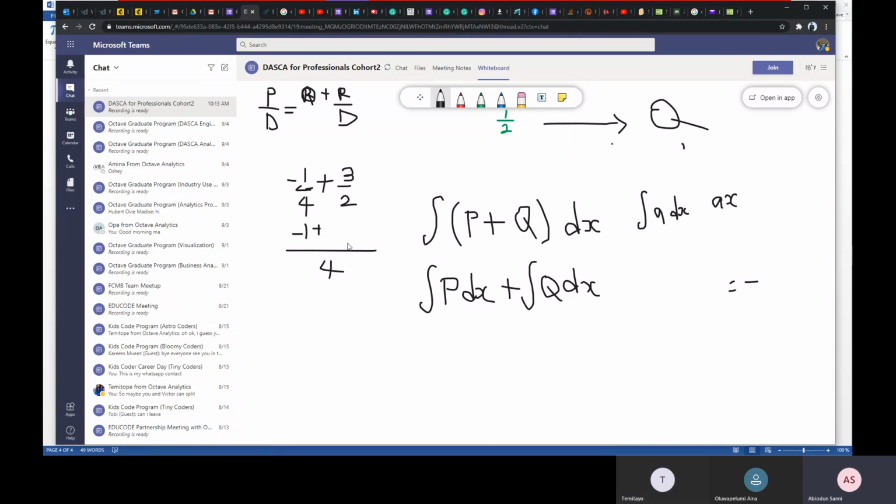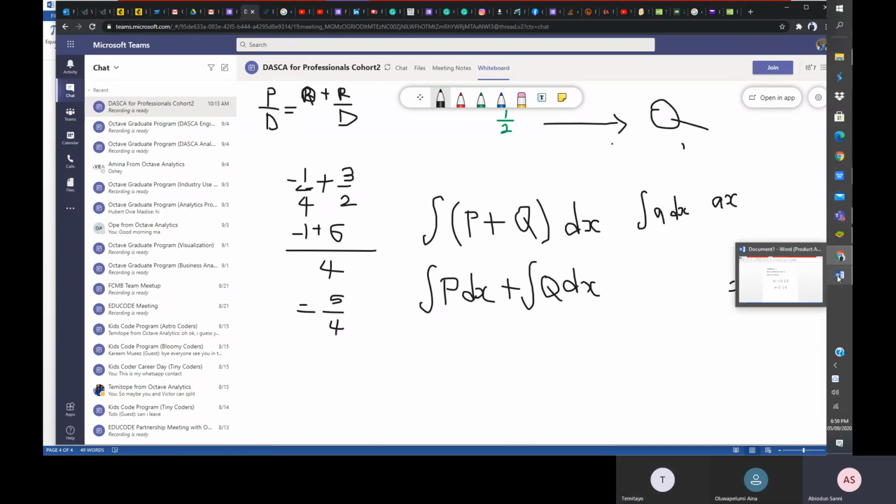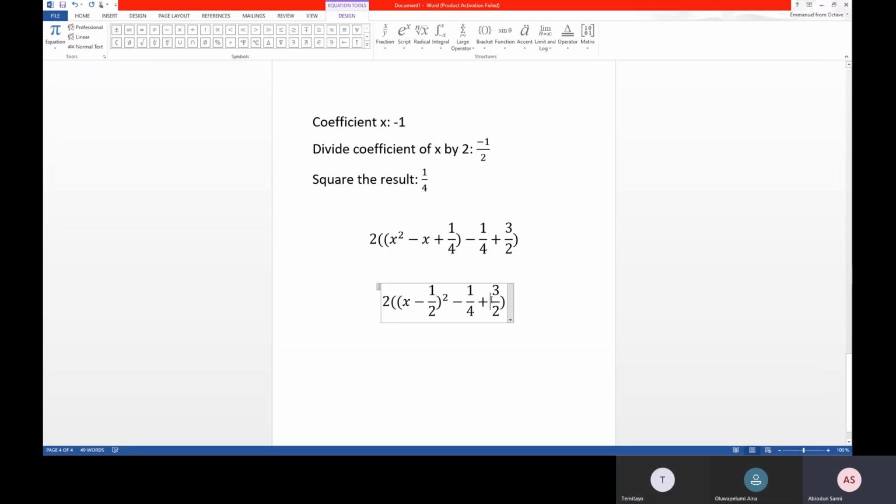Plus 4 divided by 2 is 2, 2 times 3 is 6. Minus 1 plus 6, that's 5/4. So we come back to our drawing board, and this is going to give us plus 5/4.